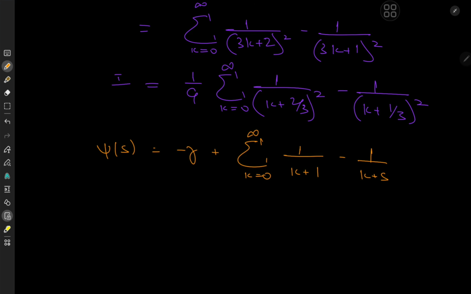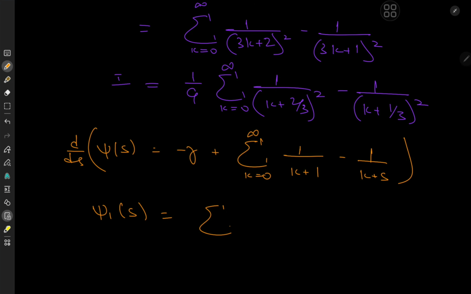But we're interested in terms where k is involved in quadratic terms, which is no big deal whatsoever, because we could just differentiate with respect to s, and that yields the trigamma function. And on the right, we're going to have to get rid of this Euler-Mascheroni constant. It's a constant. The derivative goes to 0.